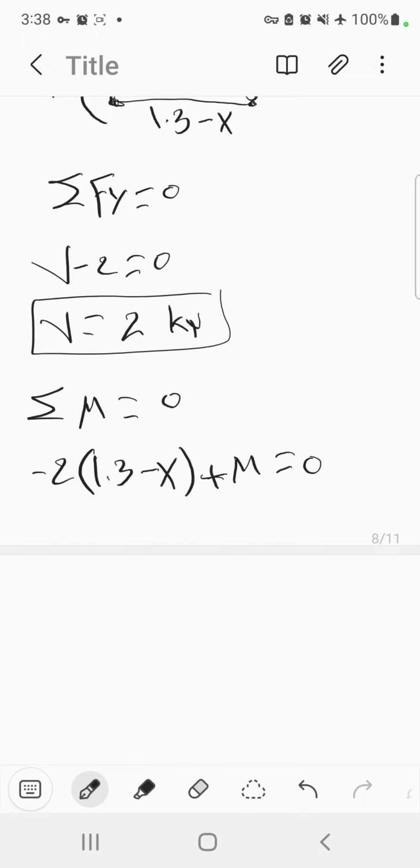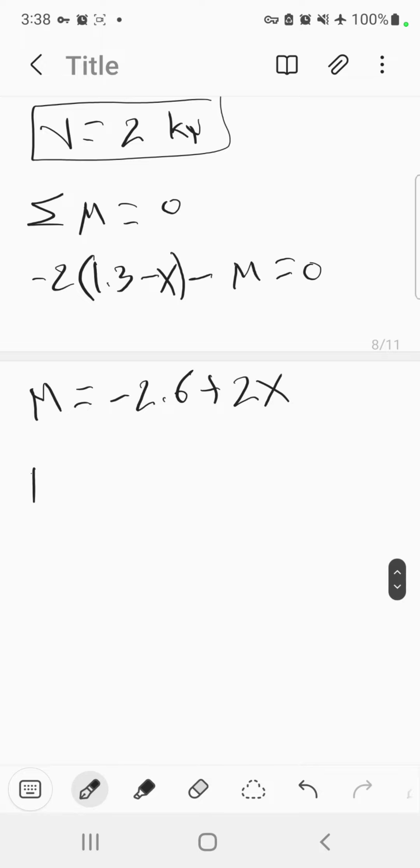Okay, sorry, minus m. Okay, so m is going to be equal to minus 2.6 plus 2x.